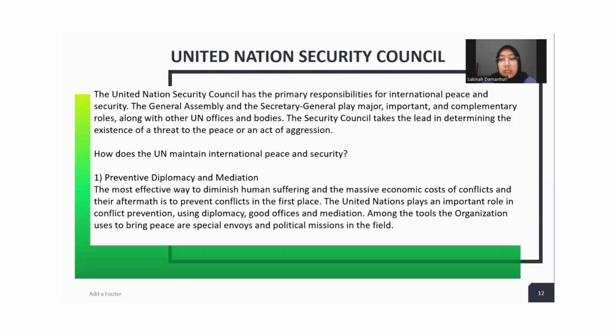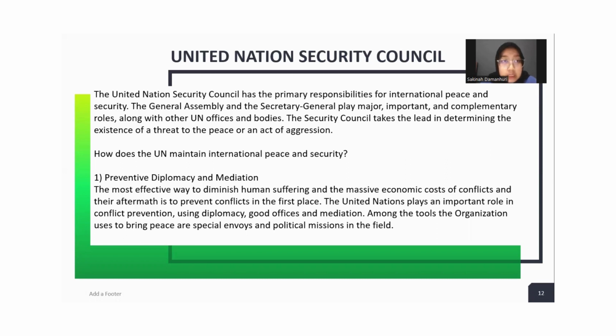So the next part is about the prevention strategy. Since this is international conflict, we have limitations to construct the preventative recommendation. So therefore, we would like to select to talk about the United Nations Security Council.